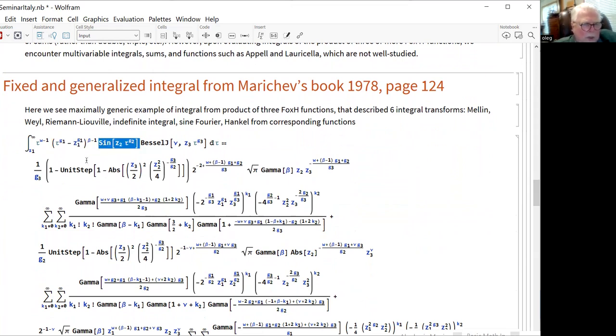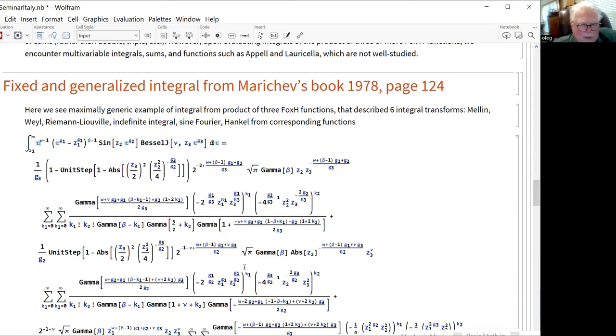And this integral is like, for example, the integral Mellin transform from this product of functions, or it is the sine Fourier transform from the product of these two functions, or a Hankel transform, generalized a little, from this product of functions. So in one integral we accumulate so many.